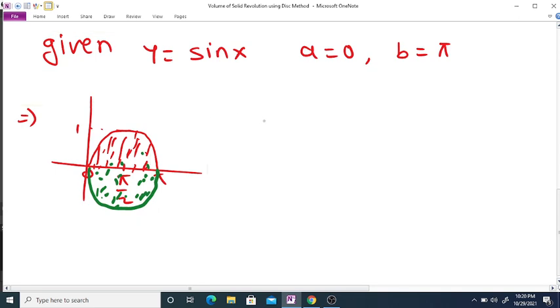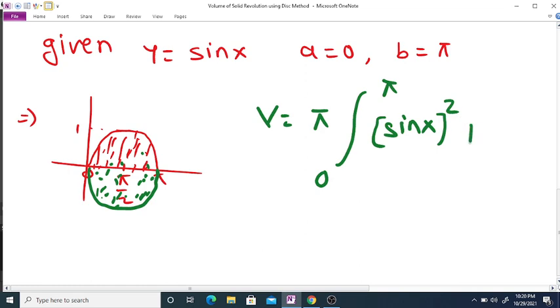So using the disk method, volume is equal to pi times the integral from 0 to pi of (sin x) squared dx.